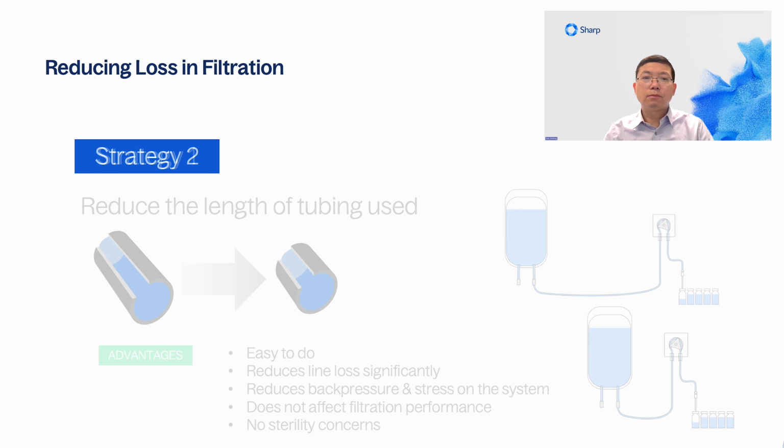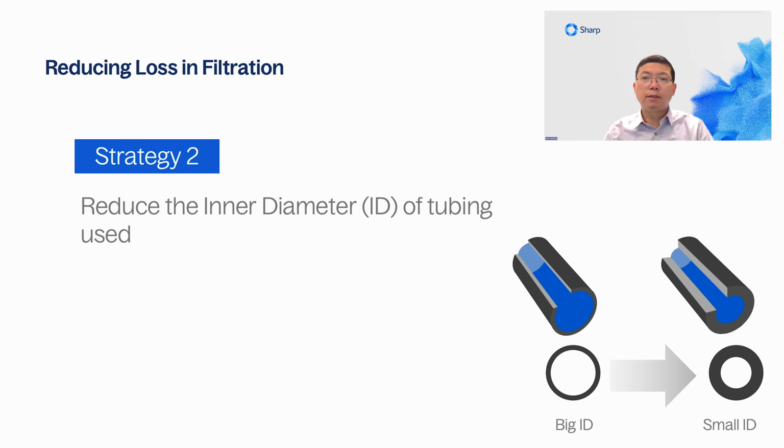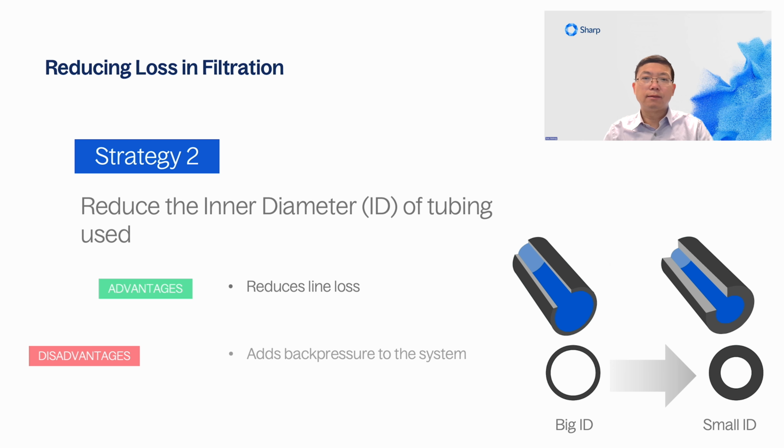You can also reduce the inner diameter of the tubing. This reduces the volume left behind in the tubing at the end of filtration. But this will add stress to the system. If you continue to filter at the same flow rate, it may increase back pressure. But if you maintain pump rotary speed, it can reduce flow rate and extend filtration time.